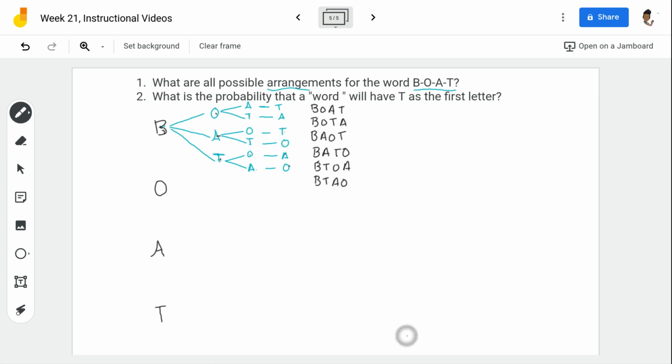So far we have 1, 2, 3, 4, 5, 6 fictitious words.